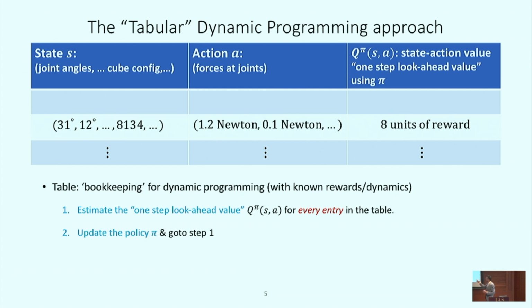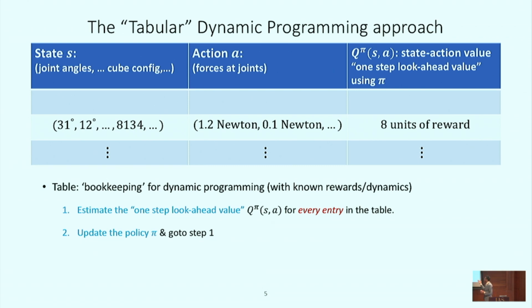The way the classical dynamic programming approach is going to work is it's an iterative algorithm where this last column is going to keep track of the state action values. You can think about this as like a one-step look ahead. So we start with some policy pi. This state action value is: we're in state S, we take action A, and what's the next future value we get after we do that?